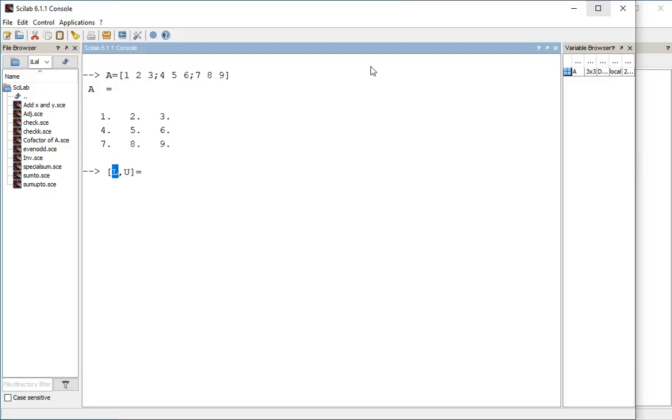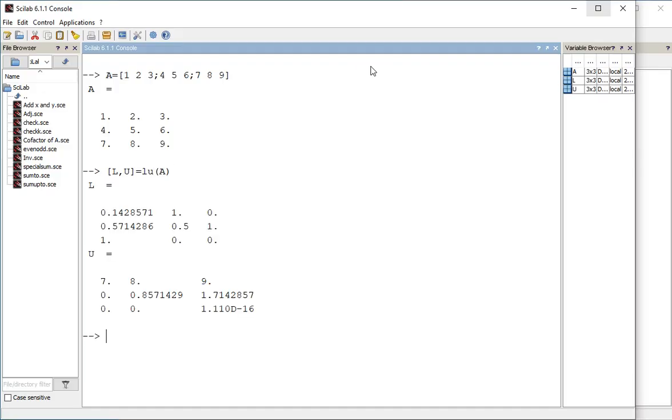The first will be the lower matrix and the second will be the upper matrix, and then LU of A. So this is L and this is U, but the LU factorization of this matrix is not possible. Still it is giving you that LU factorization because your matrix is not in the proper fashion.